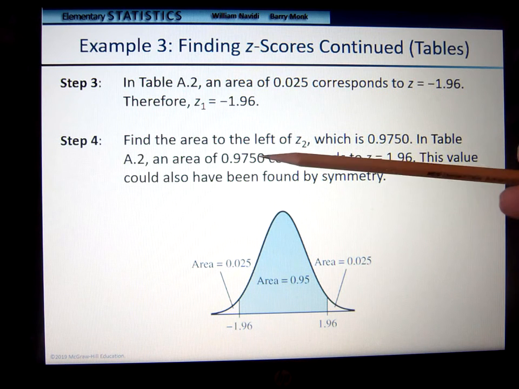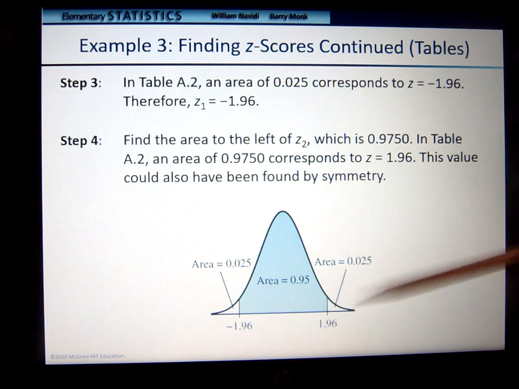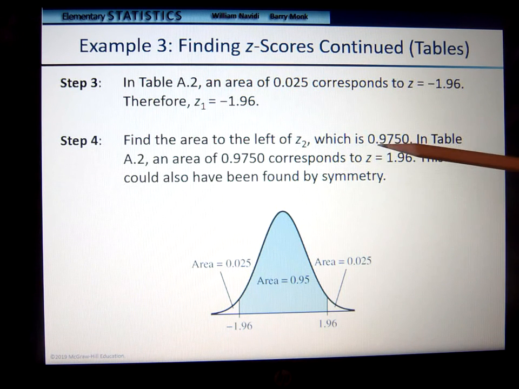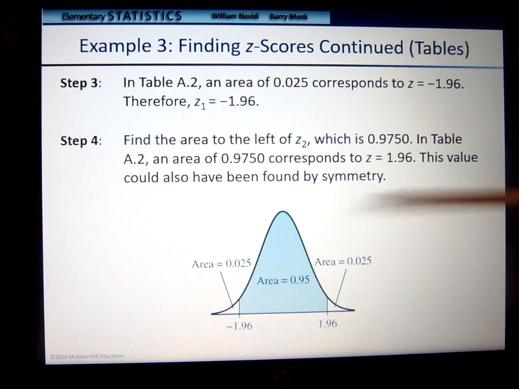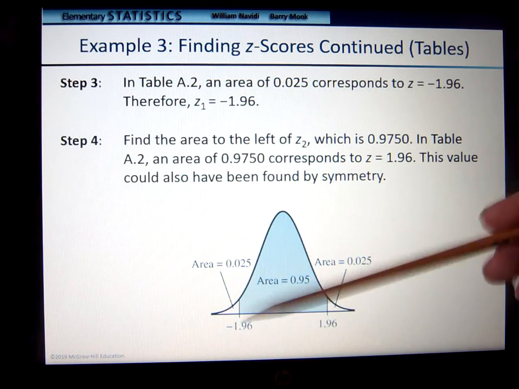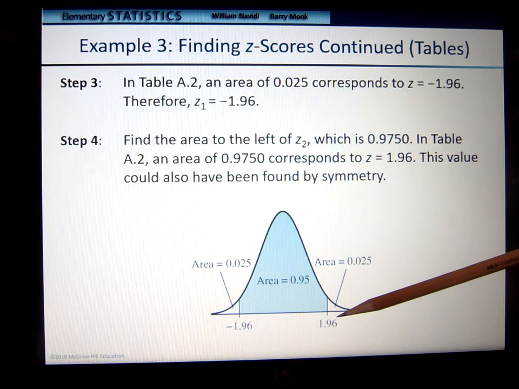The area to the left of z2 is 0.9750. This could also have been found by using symmetry. Knowing that I get this, I could say it's 1.96. Either way.